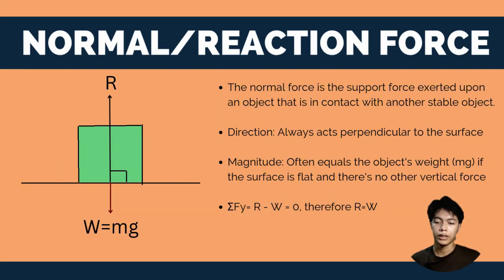To explain this in terms of Newton's second law, we sum up the vertical forces: sum Fy equals R minus W. If the object is not moving vertically, the net force is 0, so we get R equals W, meaning the reaction force balances out the weight.